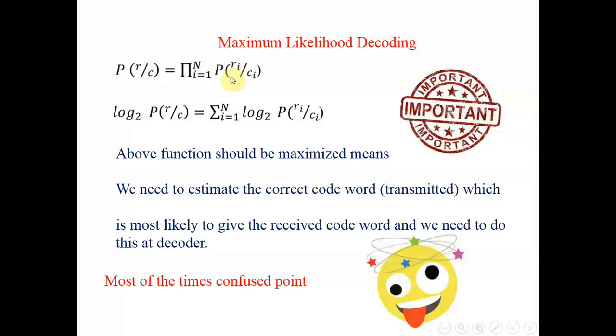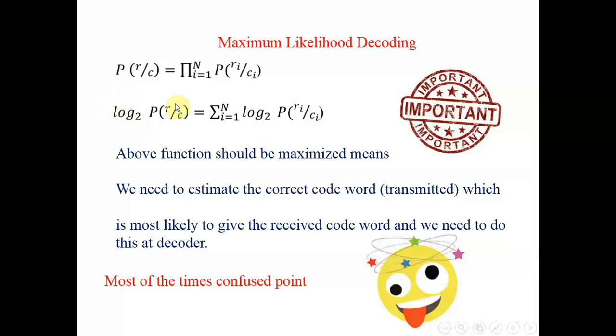Why do we have multiplication? Because error in one bit is independent of error in the other bit. So the total probability is the multiplication of probabilities. This is equivalent to probability of A times probability of B. Now to convert this multiplication into addition, we take log of both sides.